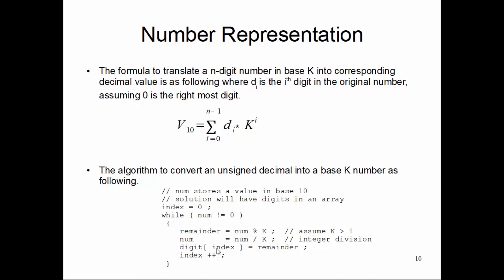In other words, the zeroth index is your least significant digit, whereas n minus 1, the last element of the array, is the most significant digit in the whole converted number.